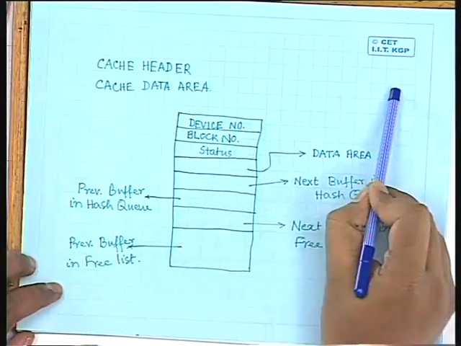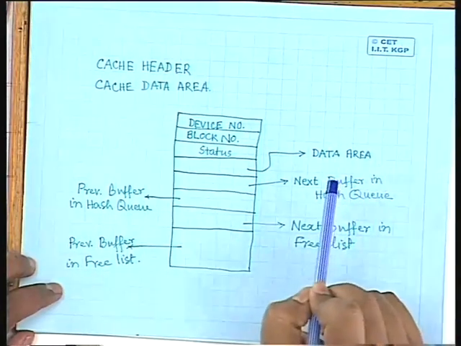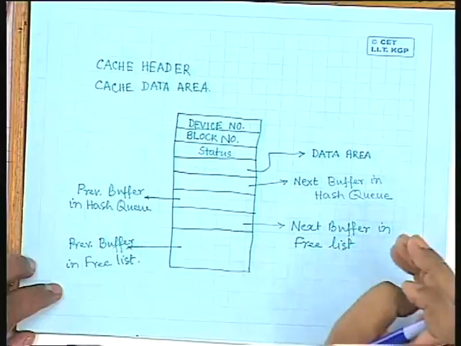What is the requirement of two fields, device number and block number? I can have more than one device on the system. For example, when you are working on PCs, you must have seen that you have C drive, D drive, E drive, F drive. Each of them is a different file system. Logically, they are taken as different devices.